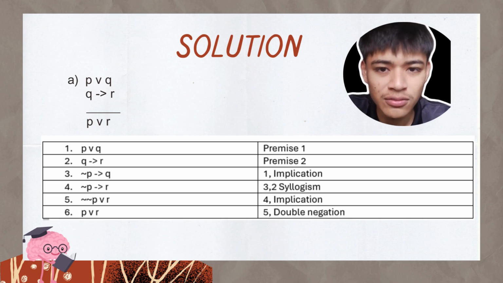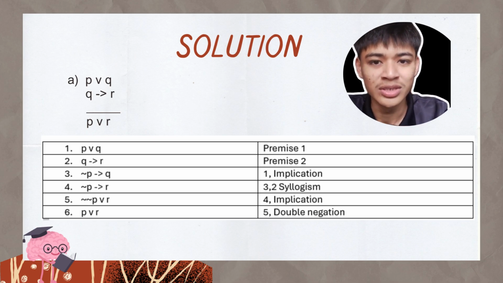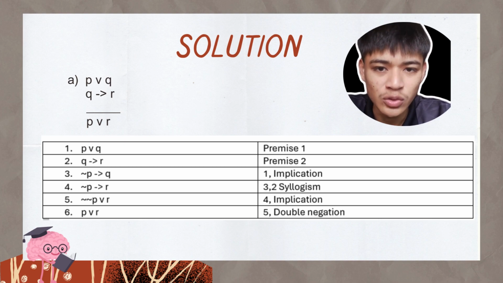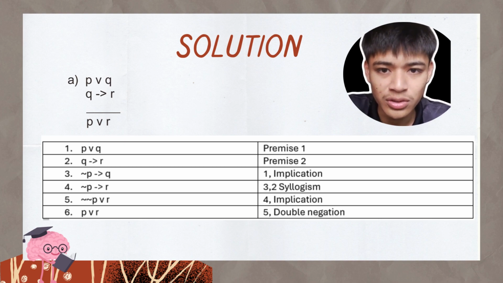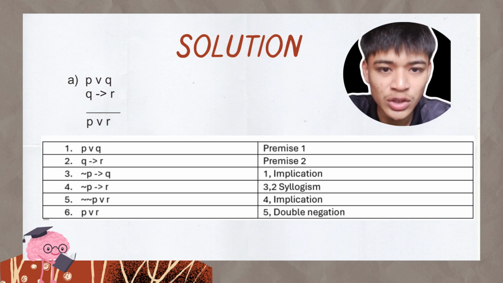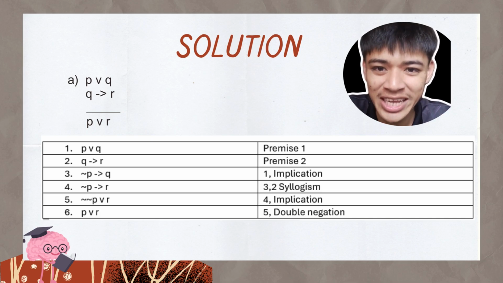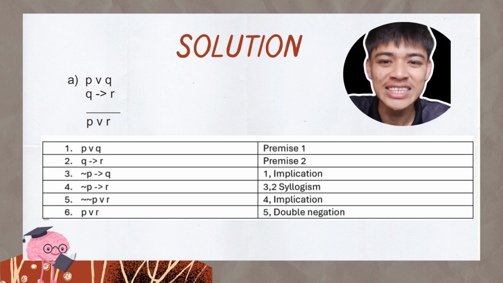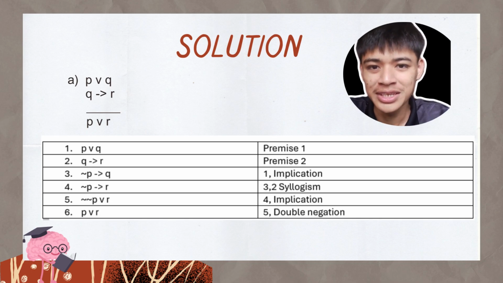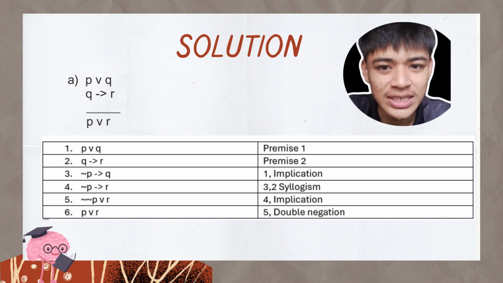For the third step, from premise 1 and implication, it will be neg P implication to Q. And for step 4, from 3 and 2 by syllogism, it will be neg P implication to R. And step 5 is from 4 by implication.